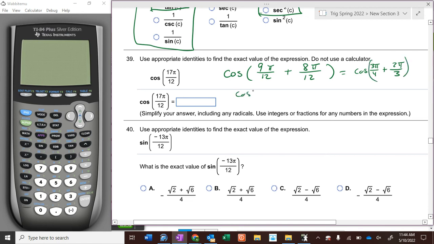So it's cosine of 3 pi over 4, cosine of 2 pi over 3, minus sine of 3 pi over 4, sine of 2 pi over 3.